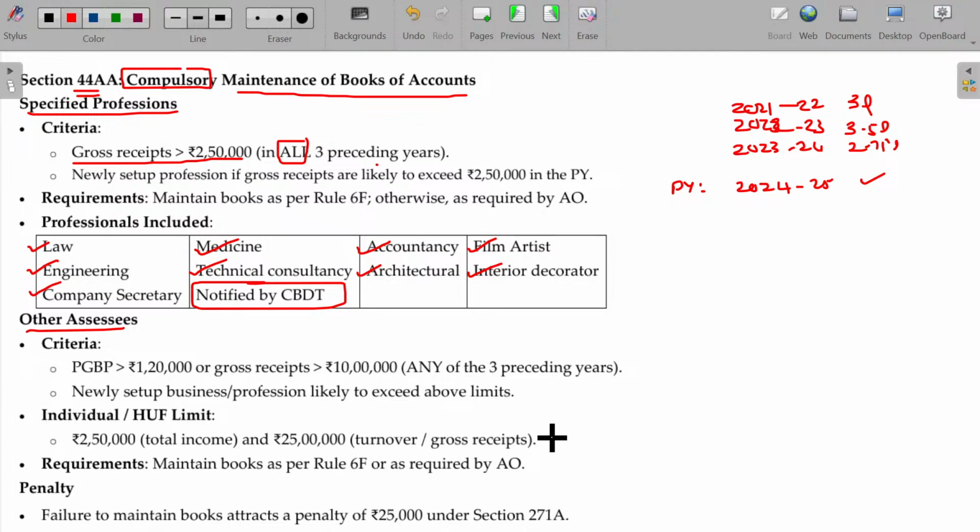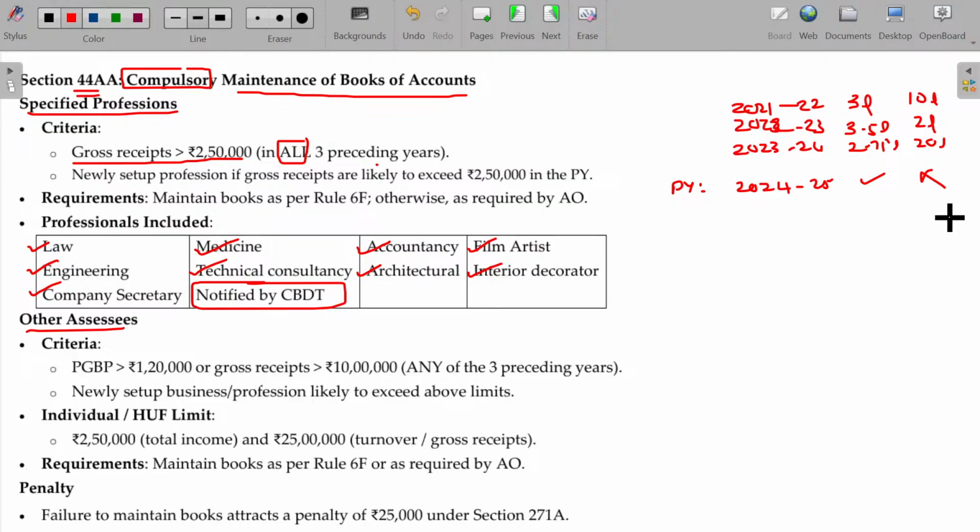Then they have to maintain the books of accounts. Here 10 lakhs, here 2 lakhs, here 20 lakhs. What about these scenarios? Not required to be maintained. In the last preceding 3 years, no. In all the 3 years preceding the previous year, their gross receipts, now I'm not talking about the profit, gross receipts exceed 2.5 lakhs, then they have to maintain the books of accounts from this year onwards.